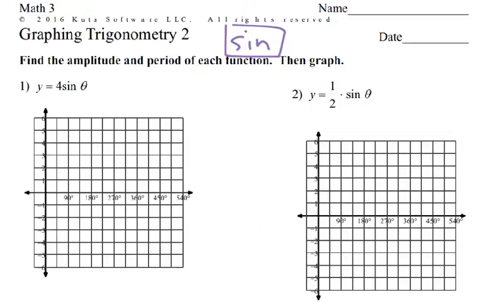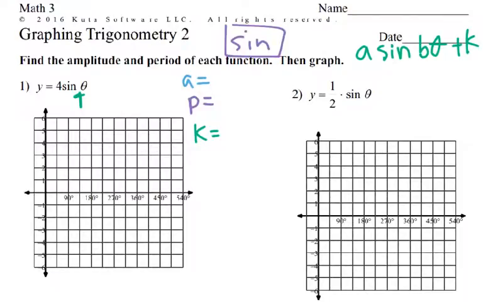Let's go back to these ones. So, when we're looking at this, we need to think of three things. What's the amplitude? What's the period? And what's the midline shift, the vertical shift? So, it's A times the sine of B theta plus K. Do we have a number in front of the theta?